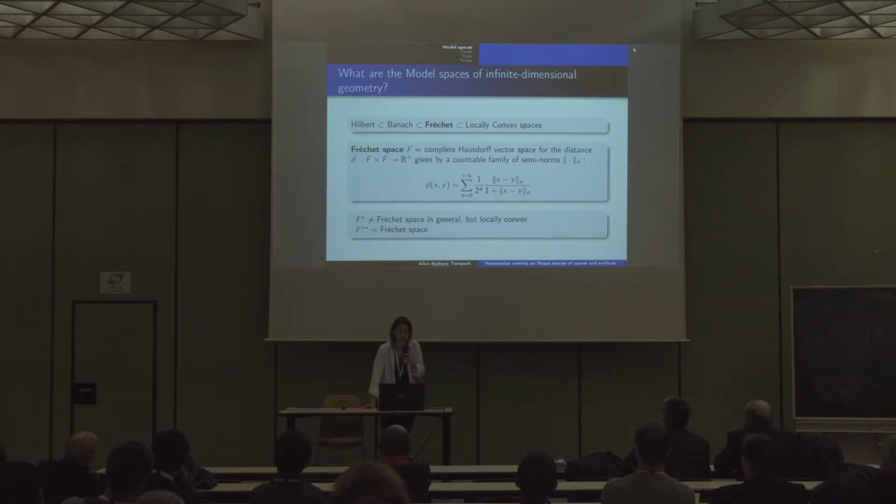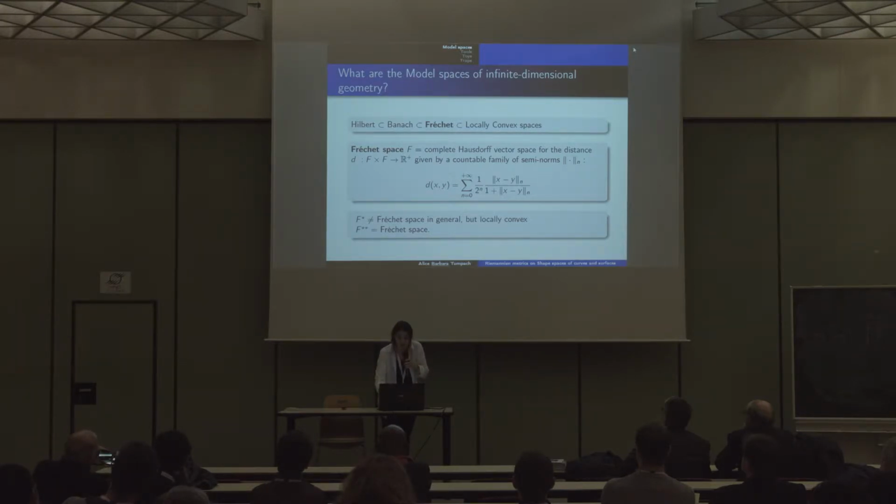Then you can ask yourself what the dual space of a Fréchet space is. Usually it's not a Fréchet space anymore, but it's a locally convex space. The bidual of it, so if you take twice the continuous dual, is again a Fréchet space.